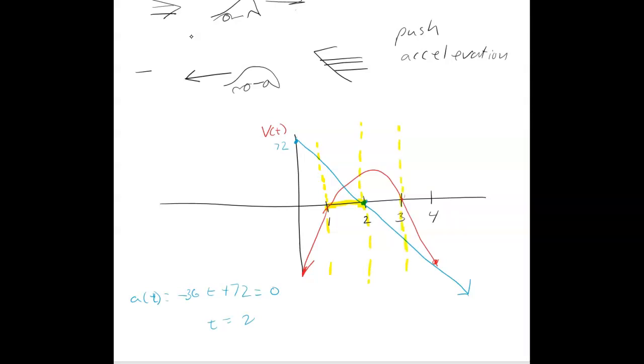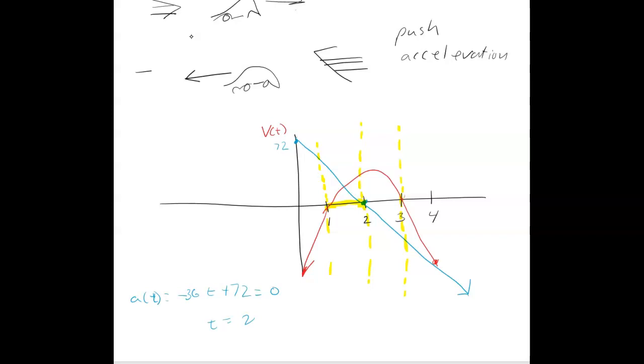So I'm drawing lines through the zeros of the velocity and the acceleration. I look from 0 to 1. From 0 to 1, I'm not speeding up because the signs are different. From 1 to 2, my object is speeding up because both signs are positive. From 2 to 3, the red velocity is positive, the blue is negative, so not speeding up there.